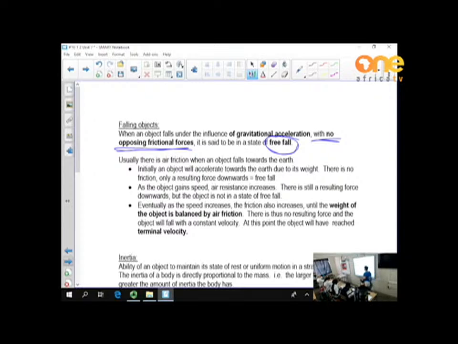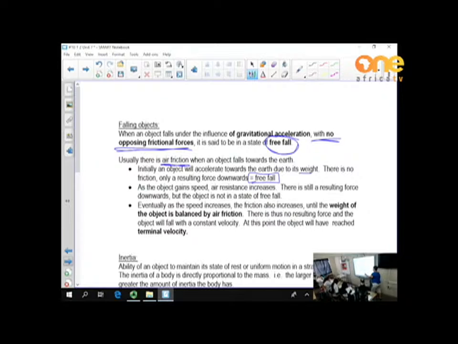Now, usually here on Earth, there is air friction when the object falls. So initially, an object will accelerate towards the Earth due to its weight. The friction when you are moving slowly is very little. It's so little we can ignore it. So then we will say that for the first part, there isn't any opposing forces. You are in a state of free fall.